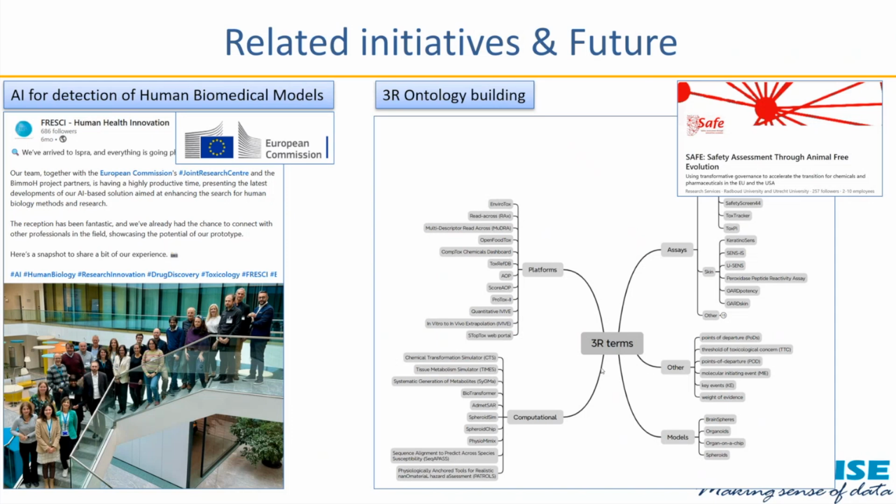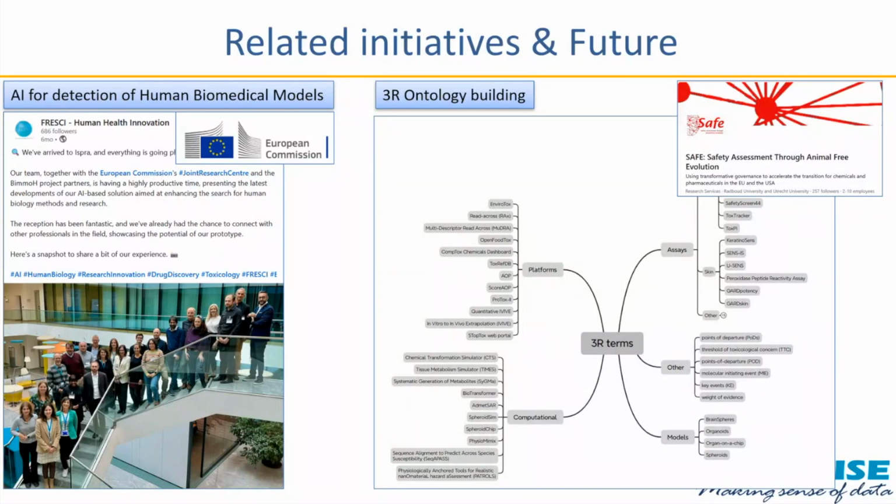So I want to end my talk with two outlooking statements and flanking research. On the left-hand side, I'm posting a picture here from a LinkedIn post from the company Freshie.